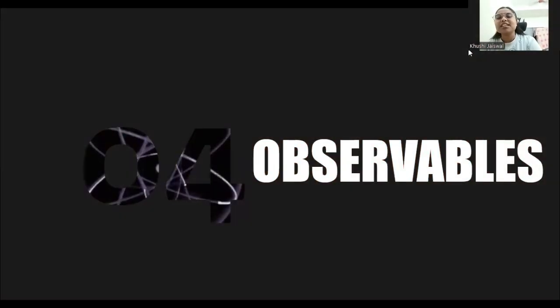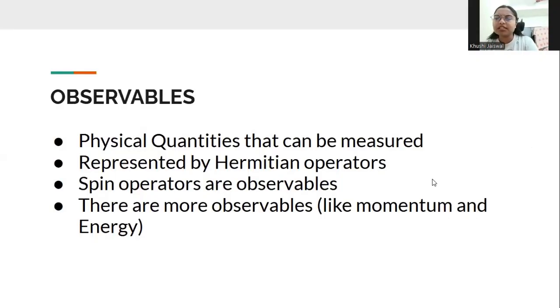So this brings us to the concept of observables. In classical physics, we just measure things, but in quantum mechanics, every physical quantity that can be measured, like momentum, energy, or spin, is called an observable. Every observable is represented by a Hermitian operator. Why a Hermitian operator?